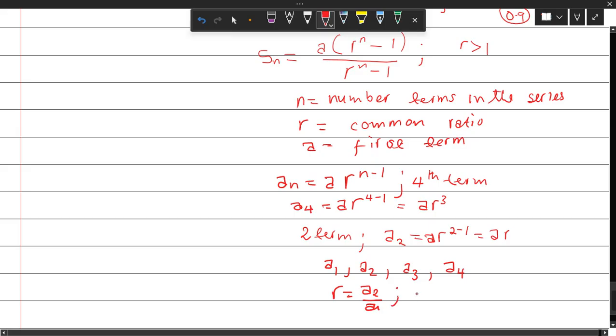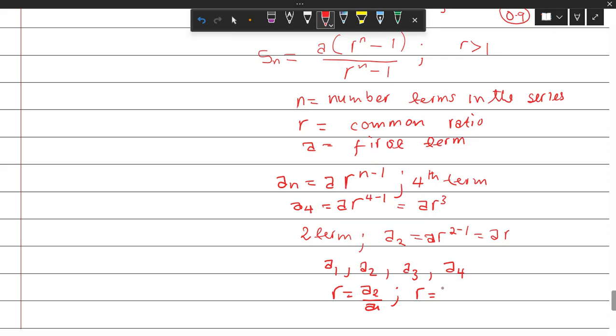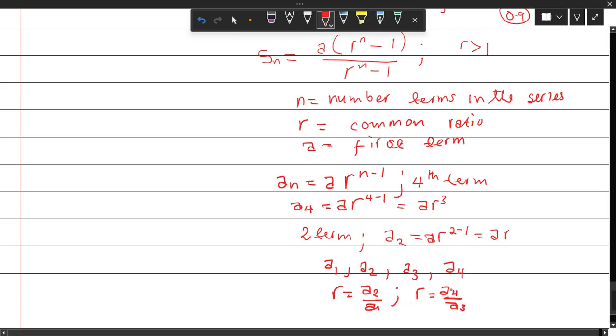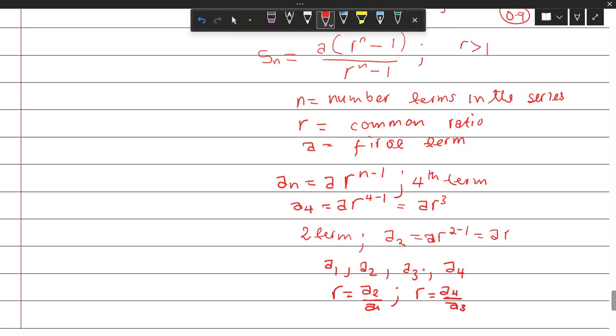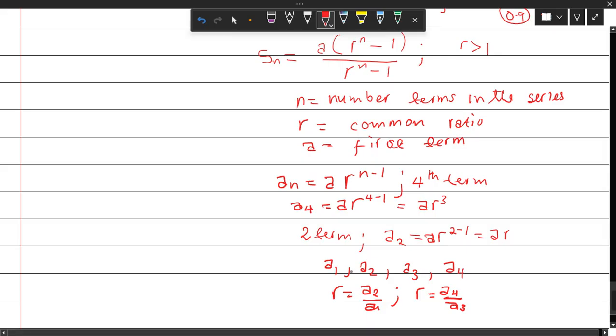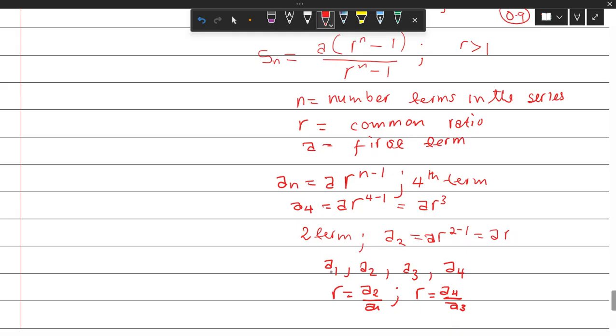You can also find the same value r using the successive terms A4 over A3. You can't divide A4 by A2, because they are not successive, not next to each other. You can only use the numbers next to each other, so A2 divided by its neighbor A1.